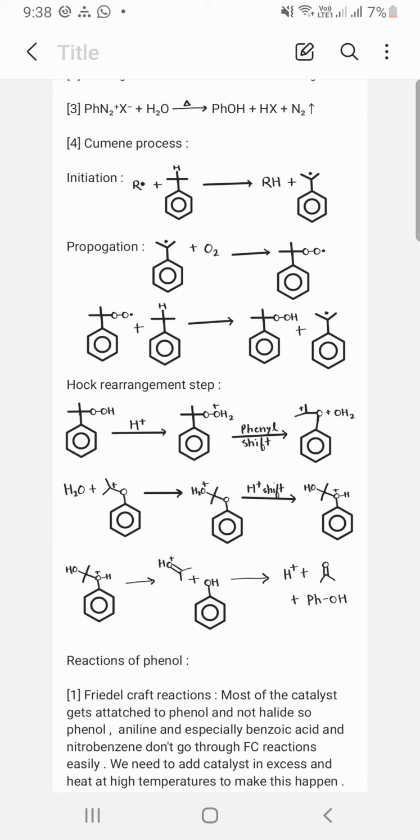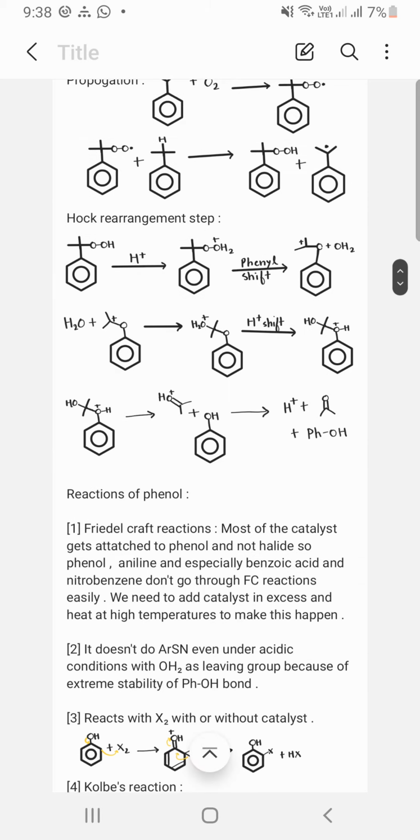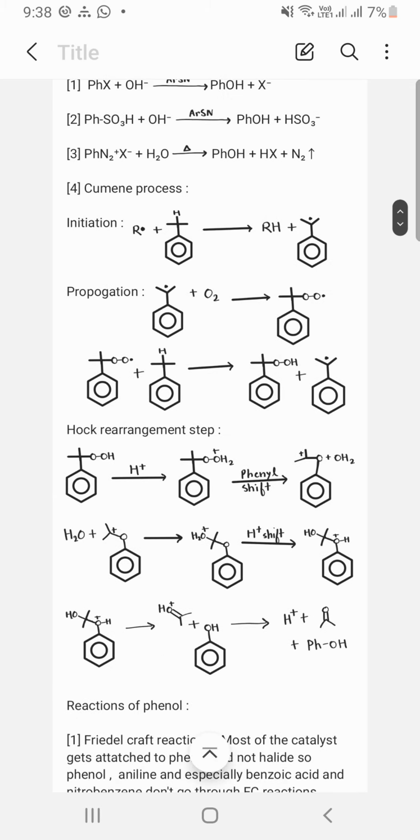This is not bad at all. Cumene process. It does this thing, and yeah, fine. It's complicated and very long, but in the end, it's just the reactants and the products that matter, and the conditions.